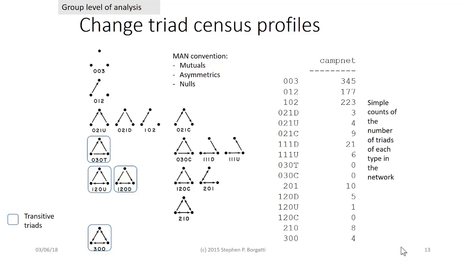The answer is that if you've got a cluster, and then back over here, and back over here, you get connected. Within a cluster, there are a lot of transitive triads. Look at this one here.